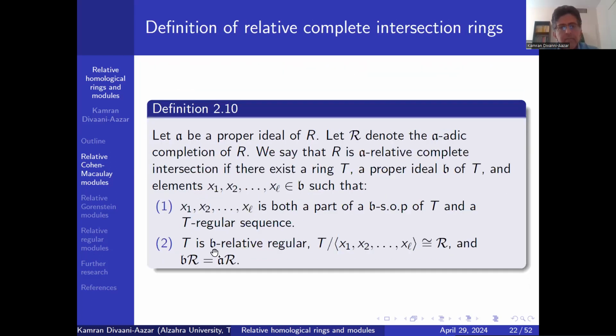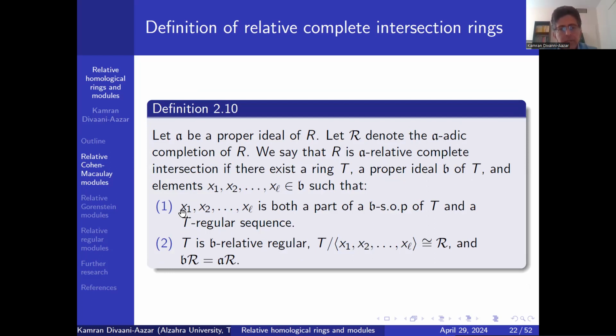Here we have the definition of complete intersection rings. Let A be as before. Denote by R-hat the A-adic completion of R. We say R is a relative complete intersection if there exists a ring T, a proper ideal B of T, and elements X1 up to XL in B such that these two conditions are satisfied.